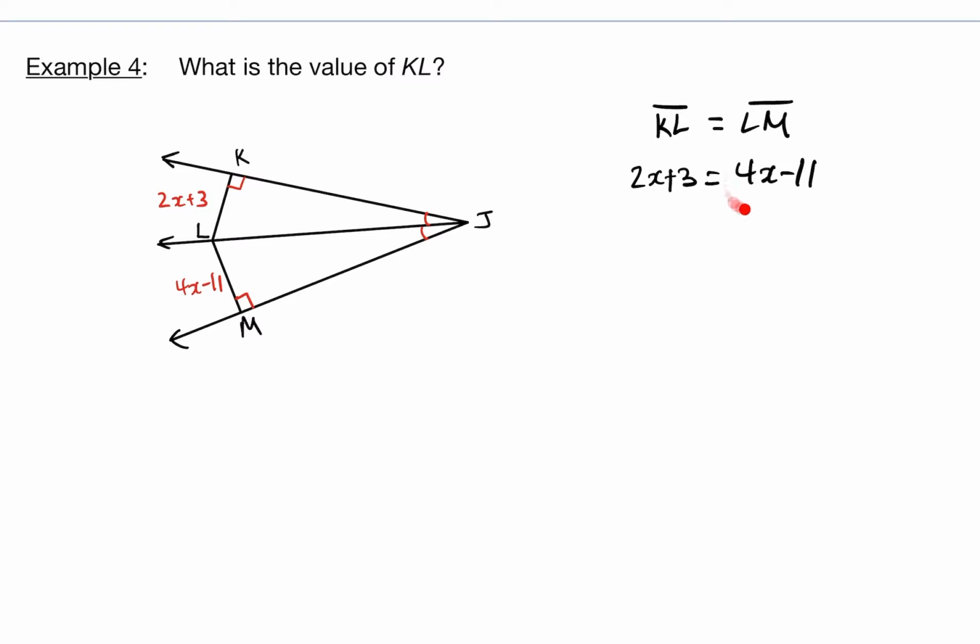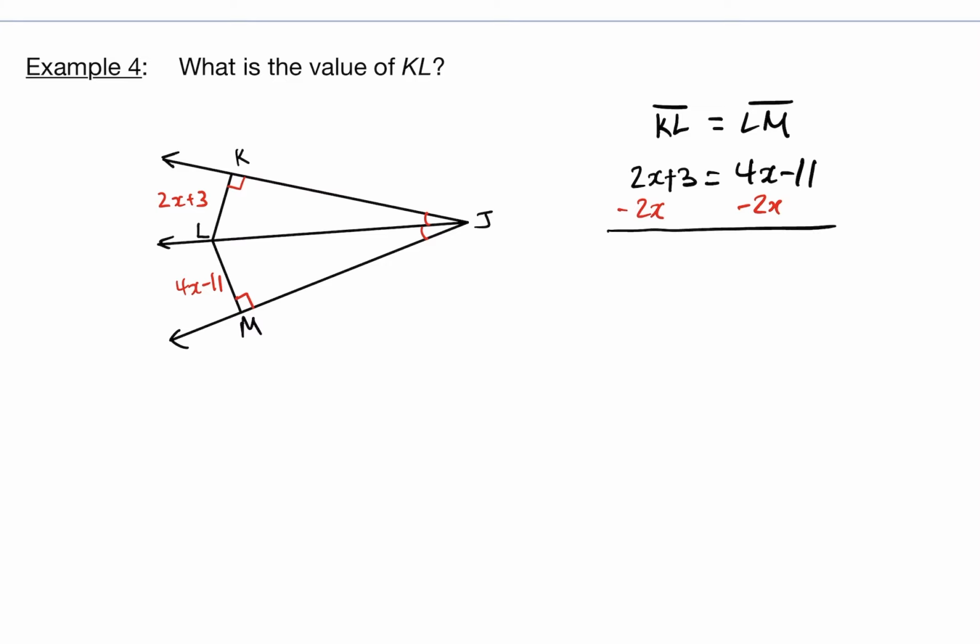I don't want to move 4x over to this side, because then I'm going to get 2x minus 4x, which will give me a negative 2x, and I want to stay away from a negative number. It's not to say that you can't do that. It still will be correct, but it just complicates things a little bit.